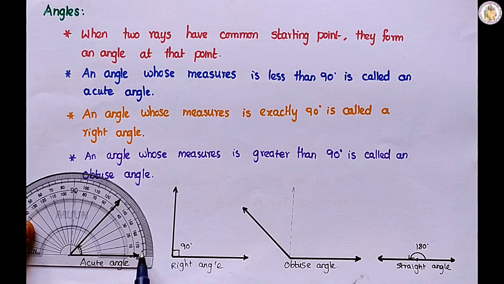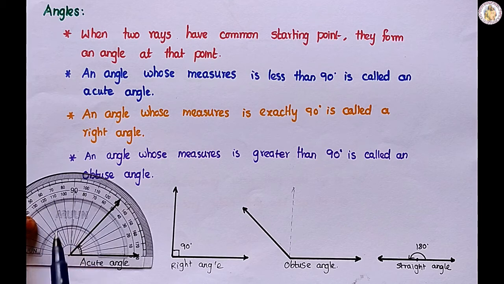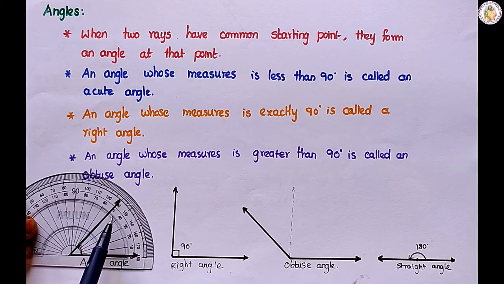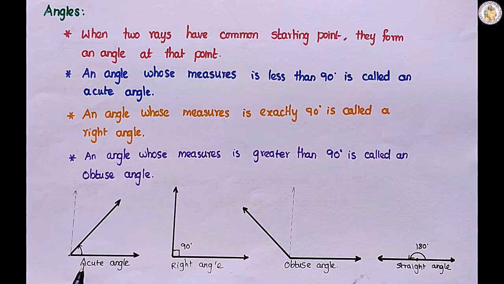Like a scale, it has the measurements 0, 10, 20, 30, 40, 50, like that, till 180. This is 90 degree. Below 90 degree, that is how much? 0, 10, 20, 30, 40, 50. So it is less than 90 degree, so it is an acute angle.